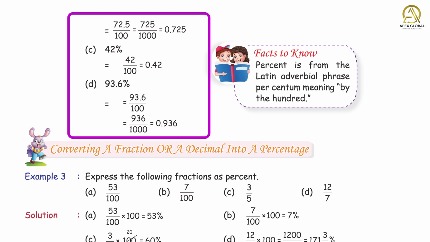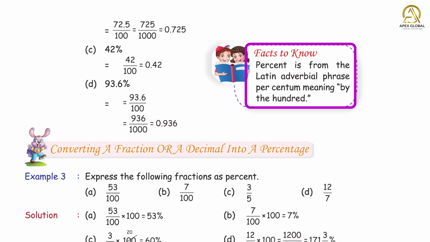C 42%, 42 upon 100 is equal to 0.42. D 93.6% is equal to 93.6 upon 100, 936 upon 1000, which is equal to 0.936. Facts to know: percent is formed from the Latin adverbial phrase per centum, meaning by the 100.